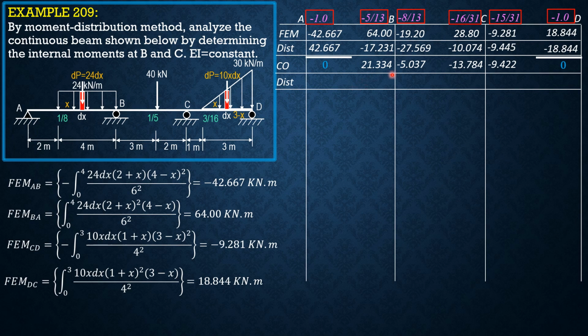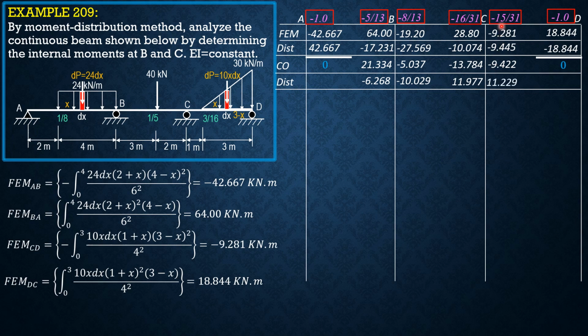So quantity 21.334 minus 5.037 times negative 5 over 13, negative 6.268. Replace negative 5 by negative 8, the value is negative 10.029. Quantity negative 13.784 minus 9.422 times negative 16 over 31, 11.977.